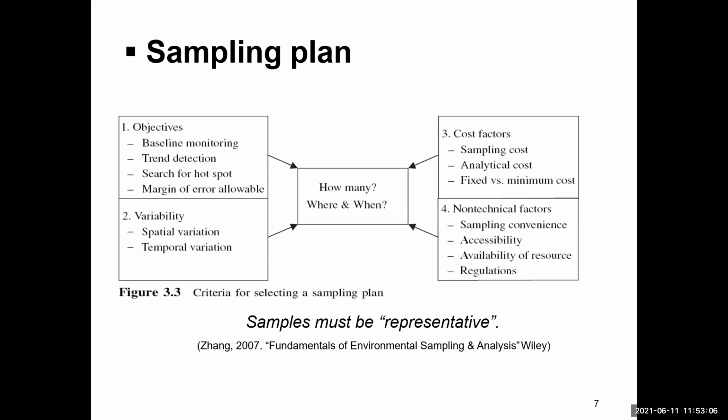So this is the sample collection plan. How many samples to collect from this site, what, when, where, your site and date. When you collect the sample, which site, and how many samples to collect. So this is the sample plan.